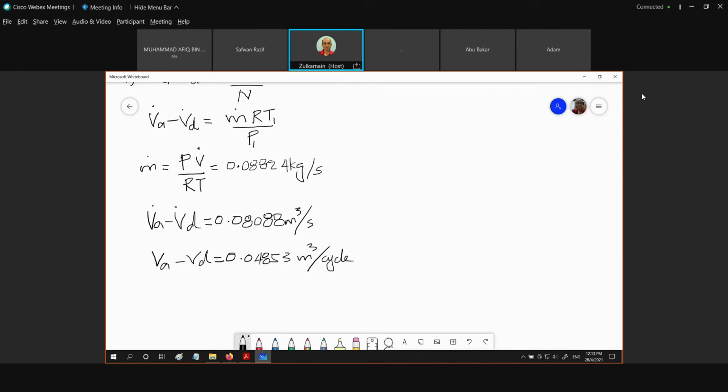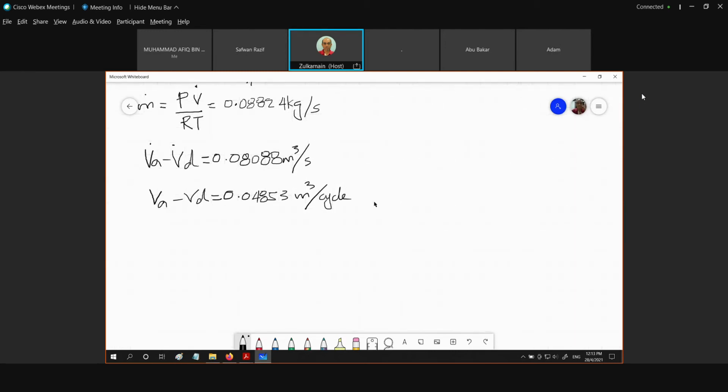Then we need to put the VA minus VD in terms of VS. So of course, we have done that before for the single stage and for the double acting stage. What we do, what is VA minus VD? The VA is equal to the VS plus VC.